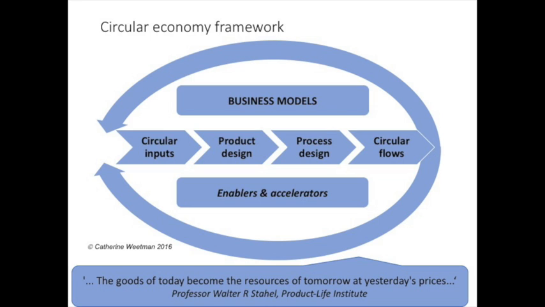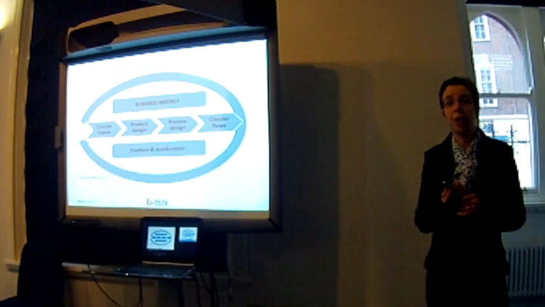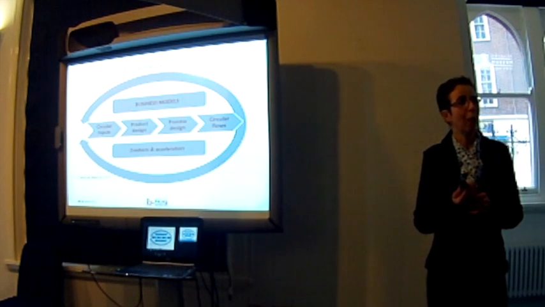And underneath we have enablers and accelerators. Enablers are things that can help the circular economy, so different ways of thinking, like biomimicry, green chemistry and systems thinking, or technologies, so 3D printing, the Internet of Things and big data can all help the circular economy.